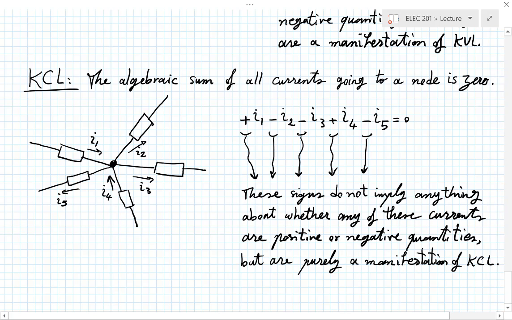Yeah. So think about it this way. Maybe it's easier to look at it if you move I2, I3, and I5 to the other side of the equation. So you see that I1 plus I4 equals I2 plus I3 plus I5. So I1 and I4 going in equals I2, I3, and I5 going out.